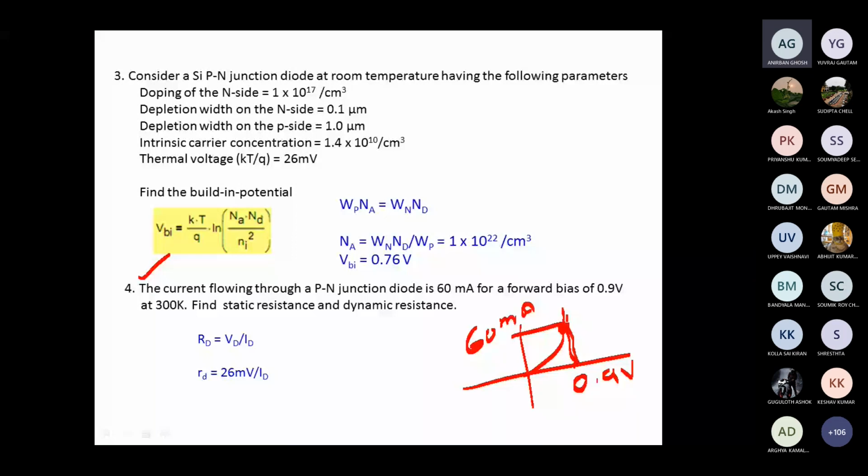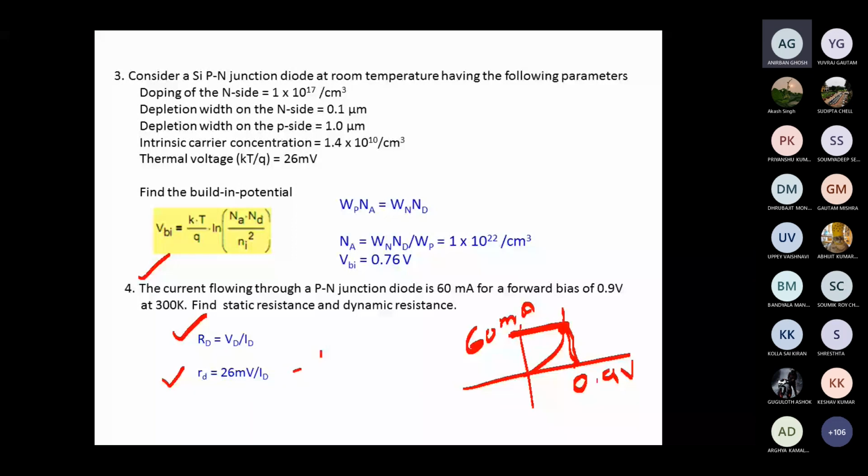The diode is biased at 0.9 volt and its corresponding current is 60 milliamp. So the static resistance I can get as VD by ID. And the dynamic resistance rd is 26 millivolt by ID, where ID is 60 milliampere. Put that in and you will have the dynamic resistance.